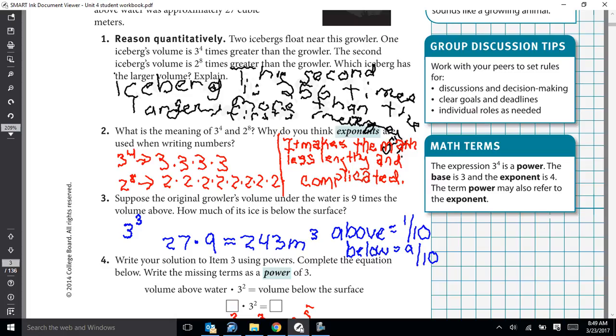And Tom had computed that number to be 256. And so the question is, why do you think exponents are used when writing numbers? Allie and Michaela had, it makes the math less lengthy and complicated. I mean, what's easier to write? 3 to the 4th or writing out 3 times itself 4 times? 3 to the 4th, right? And 2 to the 8th is much shorter than 2 times itself 8 times, right?